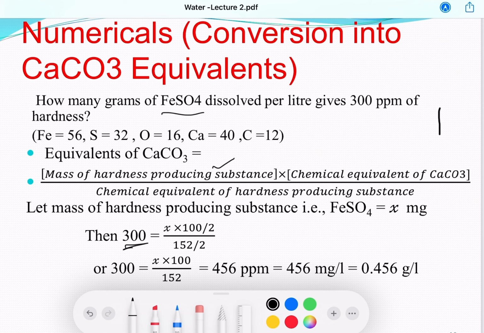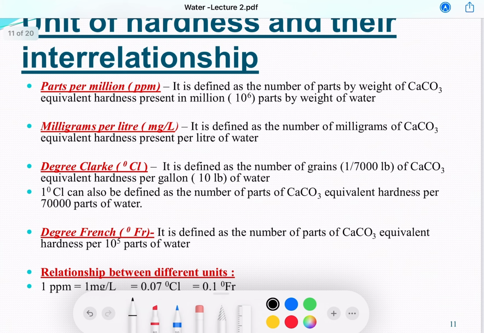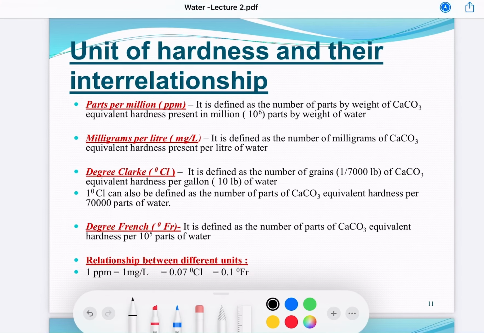So when you solve it, it will be 456 milligram per liter, or 0.456 grams per liter. So if you dissolve 456 milligrams per liter of ferrous sulfate, then you will get 300 ppm of hardness in terms of equivalents of CaCO3. Now let us go to the next thing, units of hardness and their relationship.